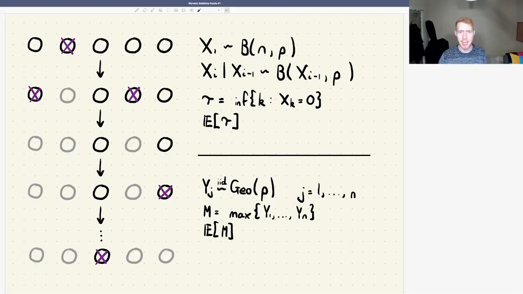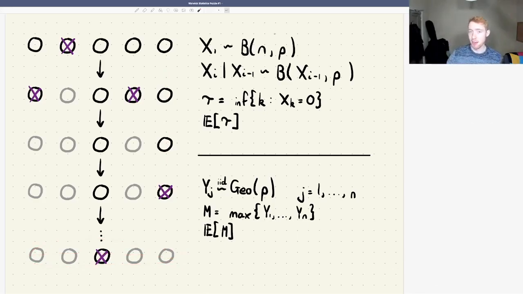So let's say we start here with 5 coins. And every time we get a tail, we mark it as removed and just let it still sit in the population, but as a ghost. And we keep doing this every round until all of them have been removed. So in this final round here, this is when the last coin was removed.